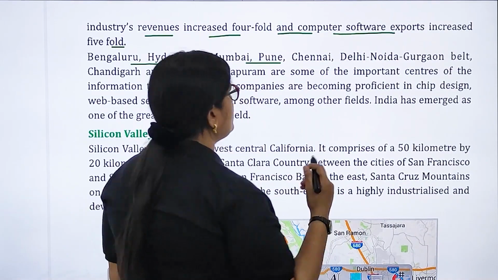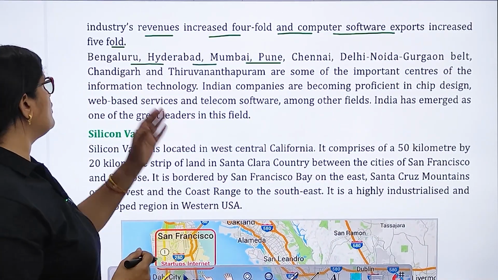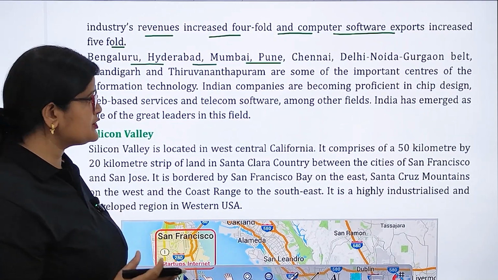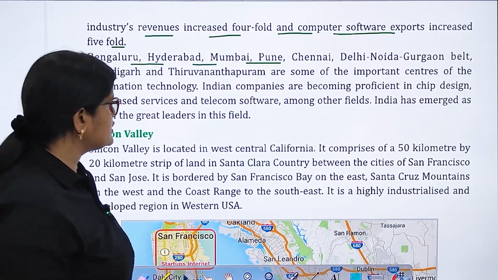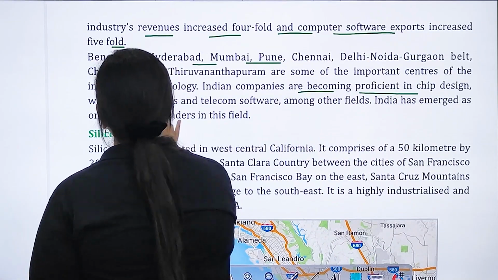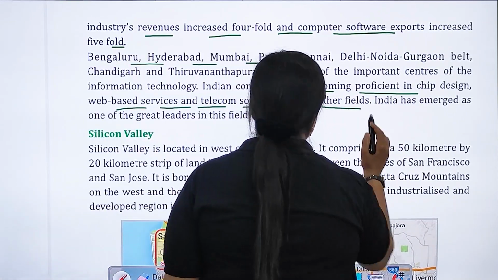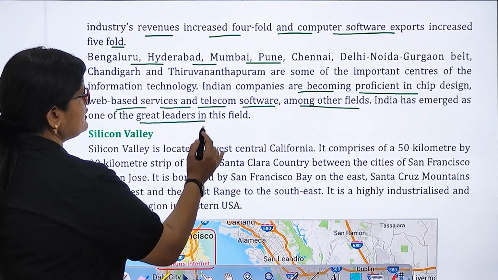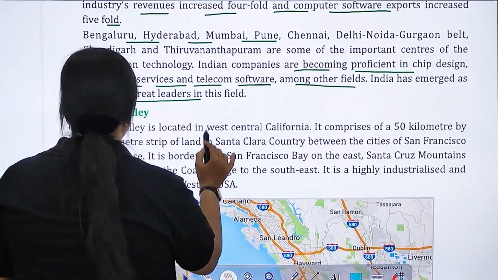Bangalore, Hyderabad, Mumbai, Pune, Chennai, Delhi, Noida, Gurgaon, Chandigarh and Thiruvananthapuram are some of the important centers of information technology. Indian companies are becoming proficient in chip design, web-based services and telecom software, among other fields. India has emerged as one of the great leaders in this field.